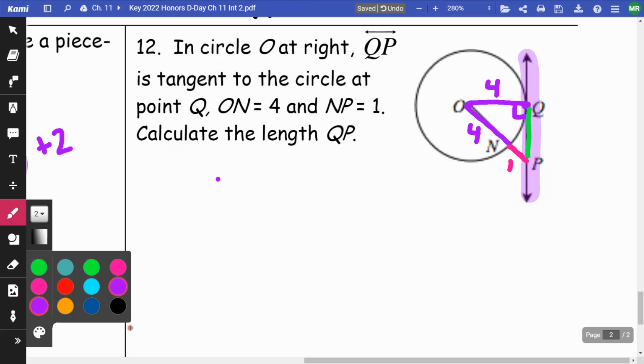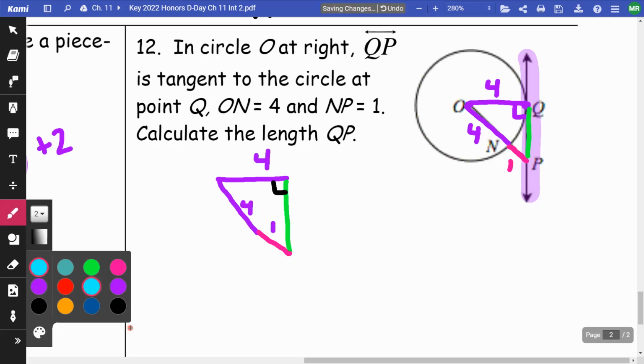So I'm going to have a right triangle. And I know that this is going to be 4, and this is going to be a 4. This is going to be a 1.